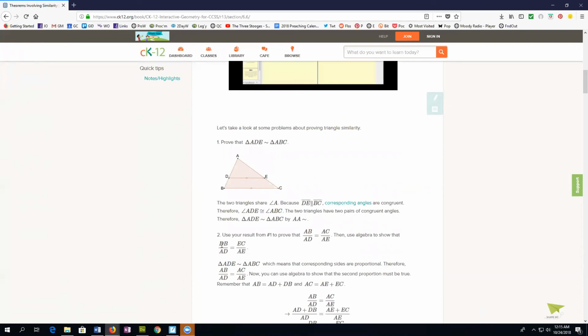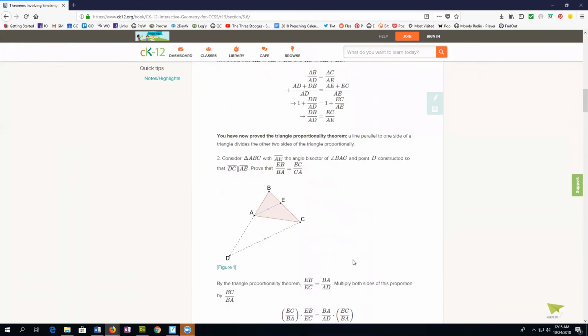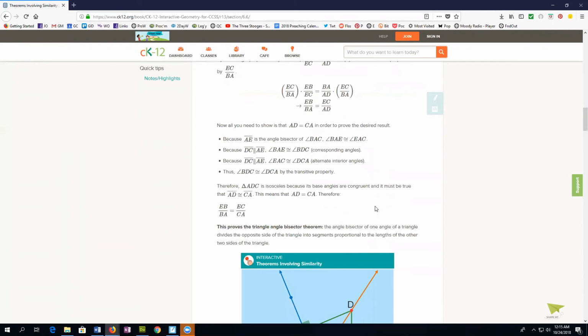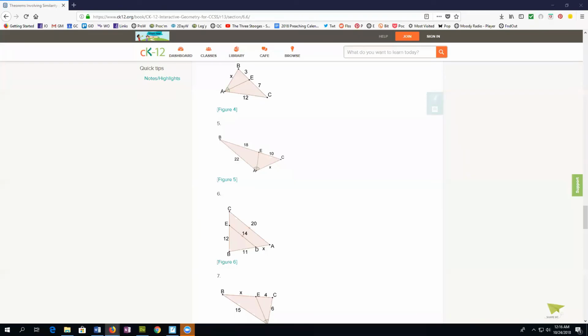So BD, this little piece here, over AD, which is this piece, is equal to EC over AE. We'll be looking at that in greater detail. Once we have that, then we use that to prove the other theorems. And they have lots of nice examples here.